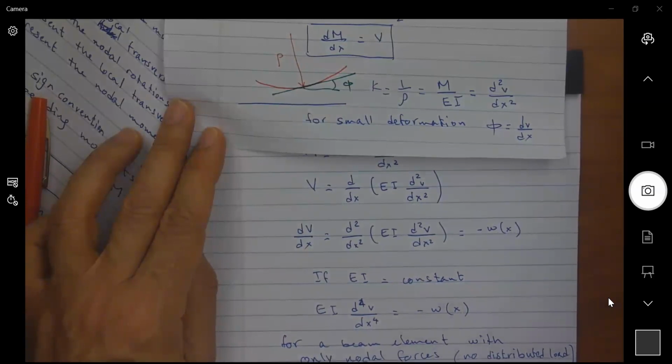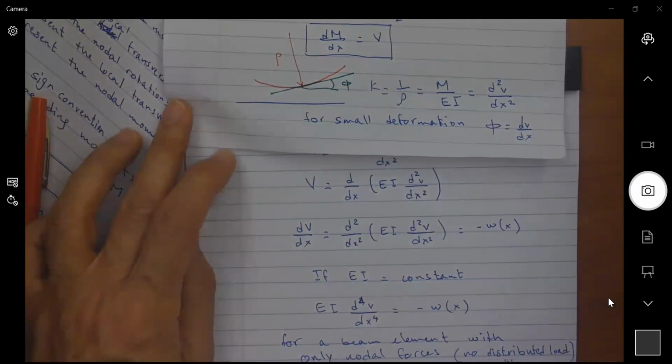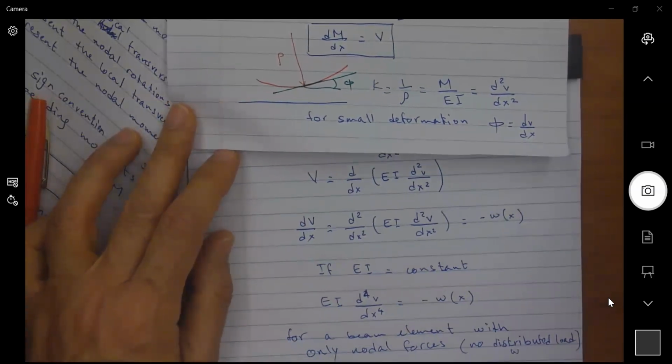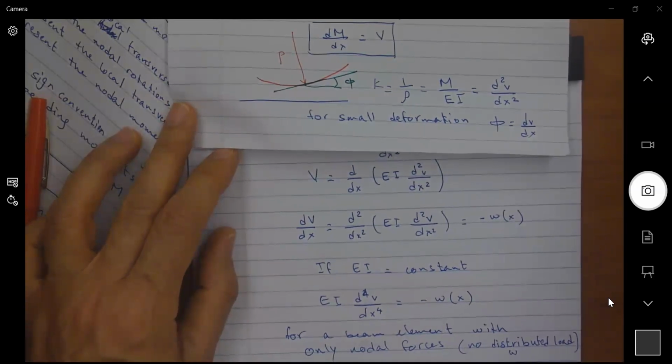Then EI times d4v by dx to the power 4 would be equal to 0. So this would be the beam element differential equation.